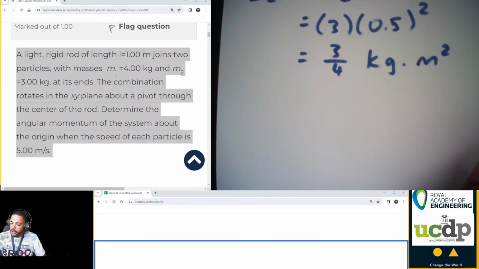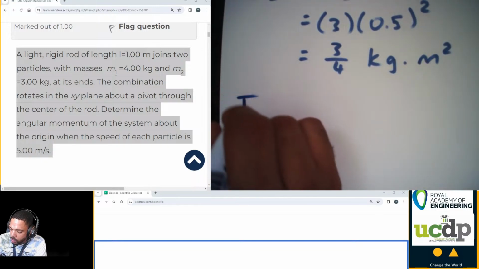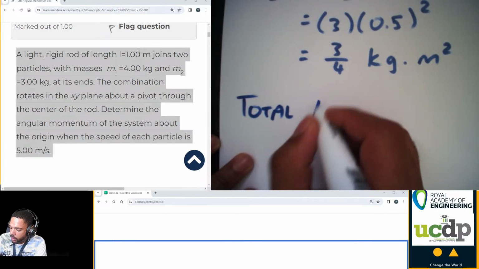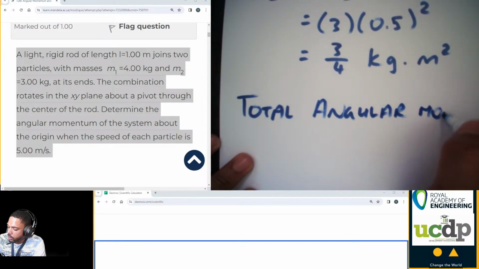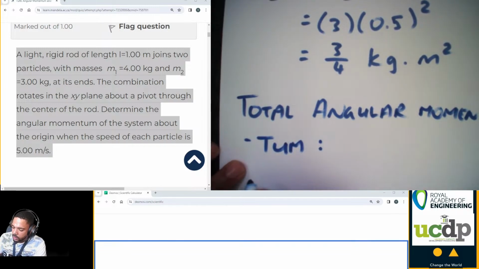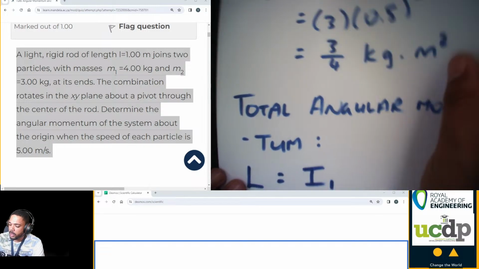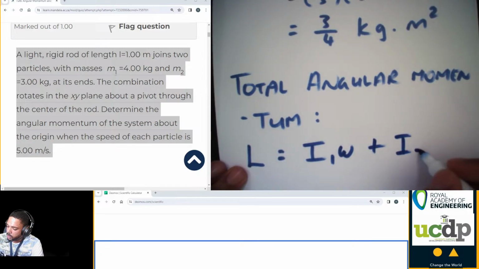Now, total angular momentum, which is what we want. The total angular momentum, L, is equal to the inertia of the first mass multiplied by the angular velocity plus the inertia of the second mass multiplied by the angular velocity.